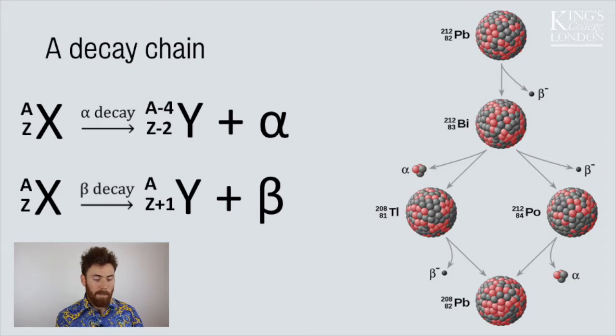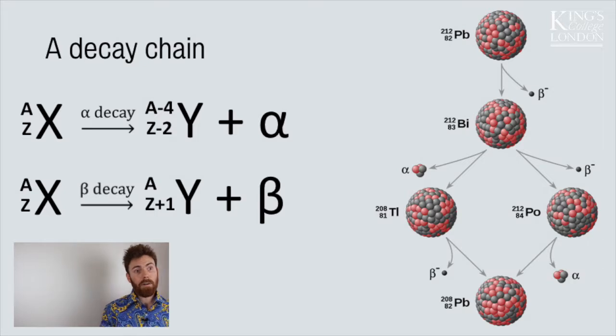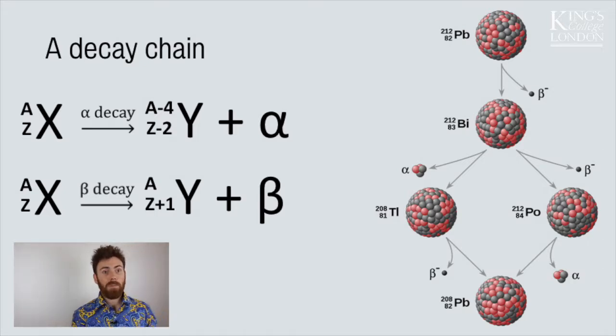So the first step in the decay chain for lead-212 is to transform into bismuth-212. Okay, and then if you have a look at the picture again, you can see that there are now two options. The bismuth-212 can undergo alpha decay, whereby it becomes thallium-208, or it can undergo beta decay, whereby it becomes polonium-212, polonium being our old favourite there.